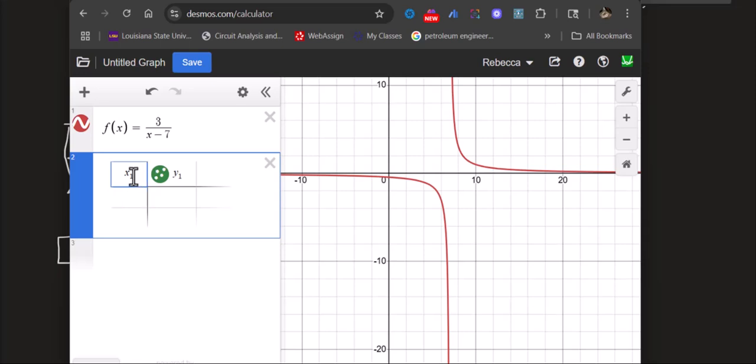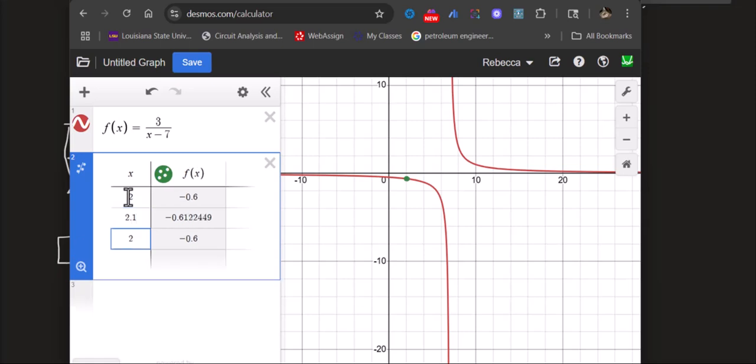I'll make this x, and I'll make this f of x, and then if I had 2.1, 2.01, it'll just get the values for me.